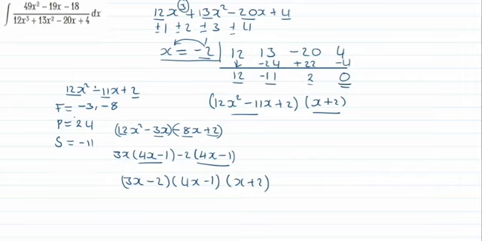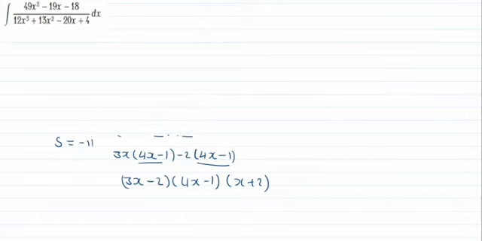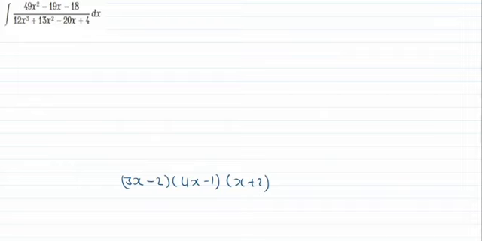So after factorizing here, since they are now in linear form, we can put back in our integral and decompose them using partial fractions. So putting them back, we're going to have an integral of 49x squared minus 19x minus 18.